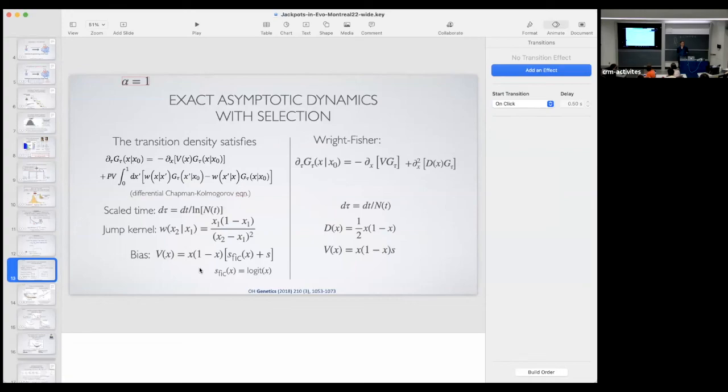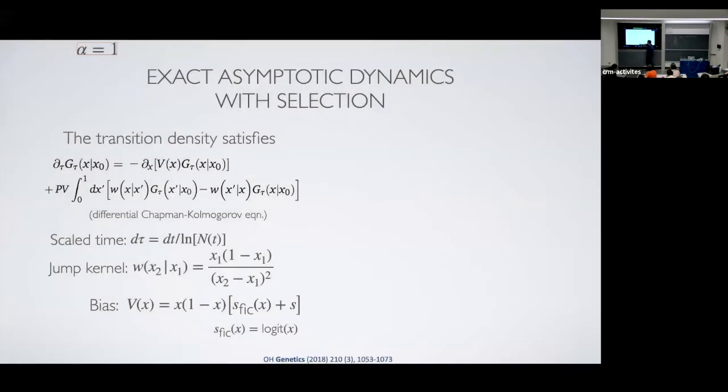Could you remind us what this S-fic looks like? This is coming from the sampling bias. Exactly, yes. And what would a typical or prototype form of that look like? It's shown here, though a bit hard to see. This describes the dynamics exactly in the scaling limit, and it's simply the logit of x, so it's log of x over 1 minus x.